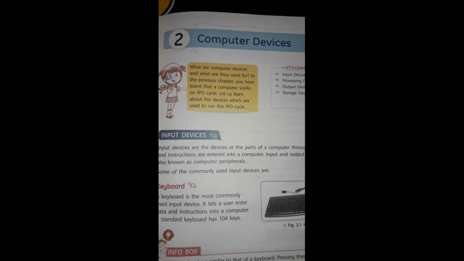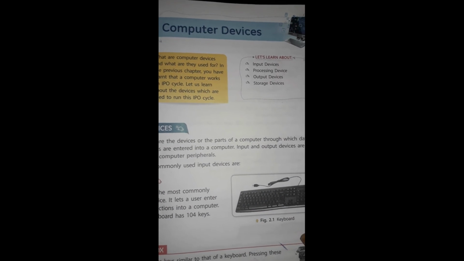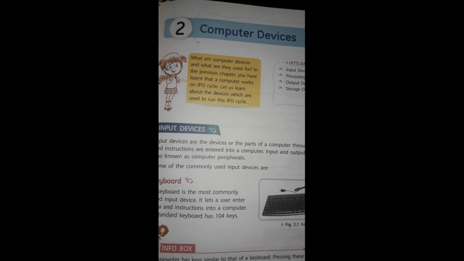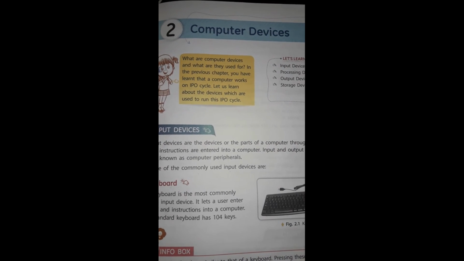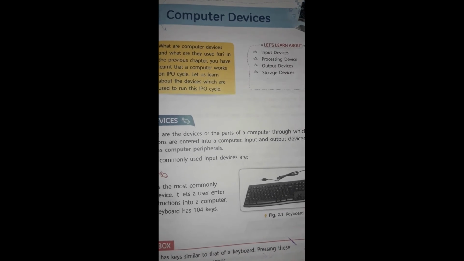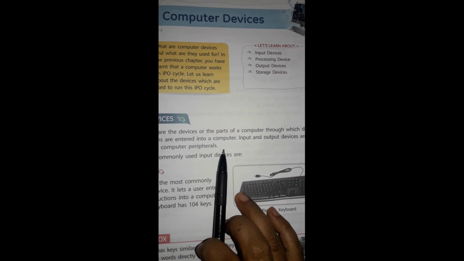Input devices are the devices or the parts of a computer through which data and instructions are entered into a computer. Input and output devices are also known as computer peripherals.